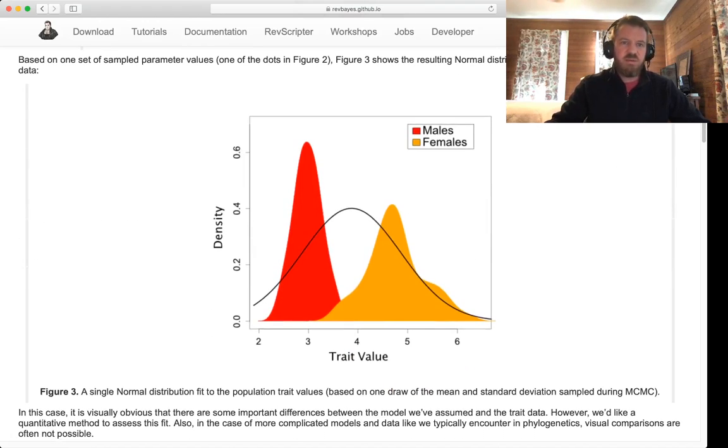They all look fairly similar. So here we see the single normal, the model we've assumed. Our MCMC analysis has suggested that the mean falls at or slightly below 4, and that the standard deviation, which determines the width of this distribution, is about 1.